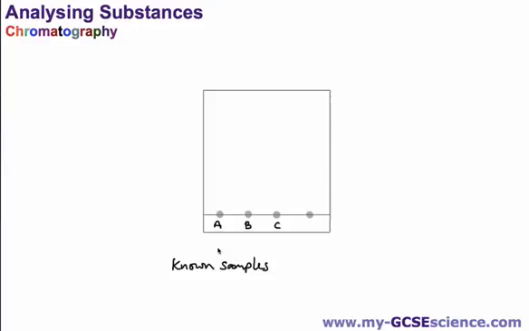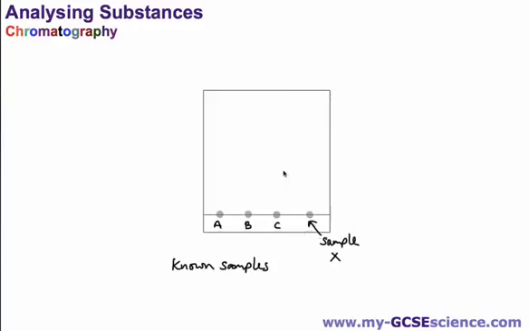They could be colors, or another type of additive, but these are ones that we actually know what they are. They come from a container that you've just labeled. This one over here is our sample that we're not sure about. Let's call it sample X, and we want to identify what substances are in this sample X. So we're trying to see if any of A, B and C is actually in sample X.